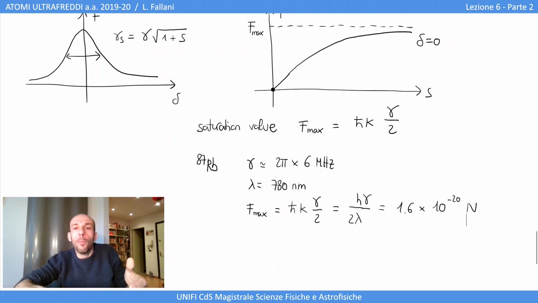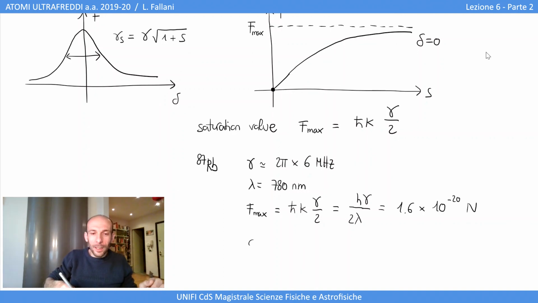Of course, this is a small force, but also the atom is a very light object. So it makes sense to evaluate the acceleration that a rubidium atom has when it is pushed with this force.